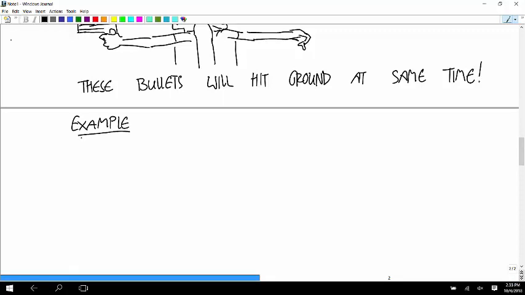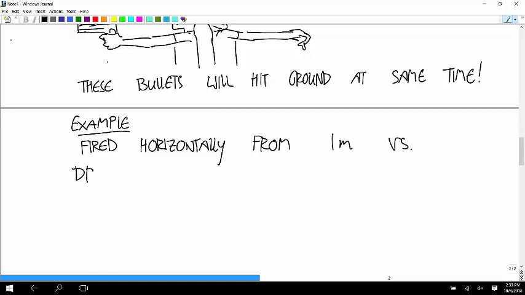Okay, so let's say that both are dropped from a height of 1 meter. Or the one's fired horizontally from a height of 1 meter, and the other one's dropped from 1 meter. So let's say, fired horizontally from 1 meter versus dropped from 1 meter.